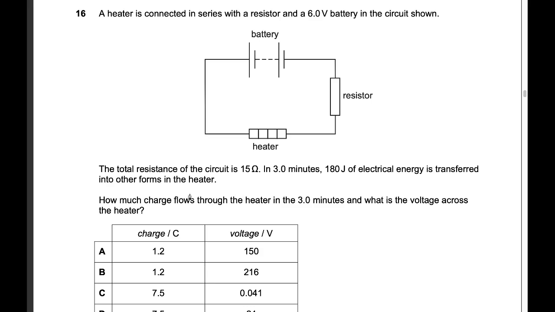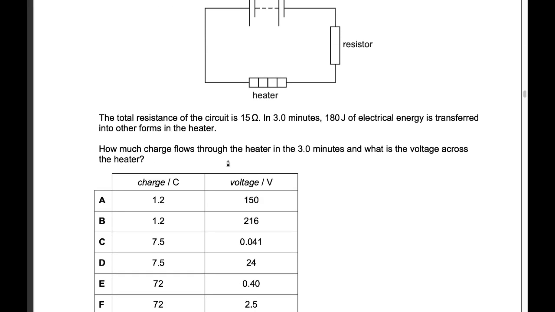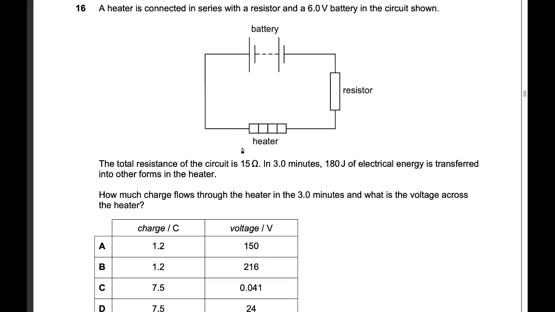So I always try to answer these two-parter kind of questions the first part first. I think usually they write it the way round that is easier. So I'm going to first try and answer what the charge is flowing through the heater. So I can do that just by using V equals IR. If I work out the current, then I can use current is equal to charge over time to work out the charge.